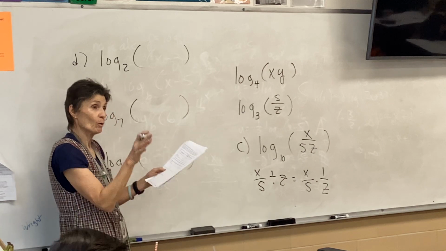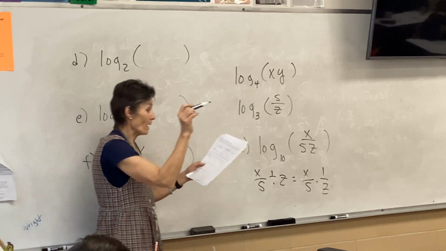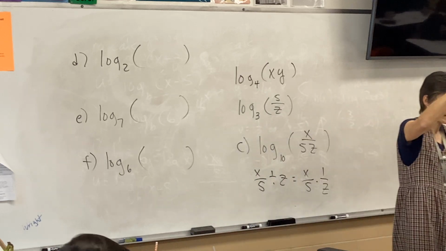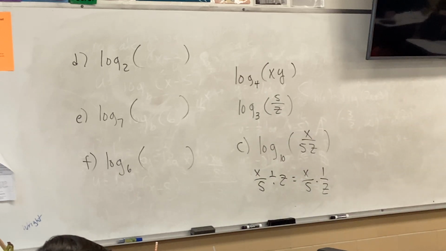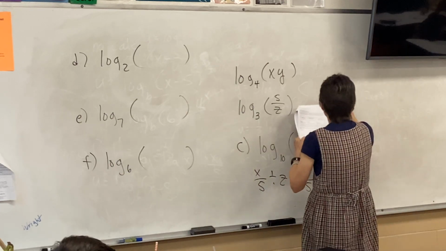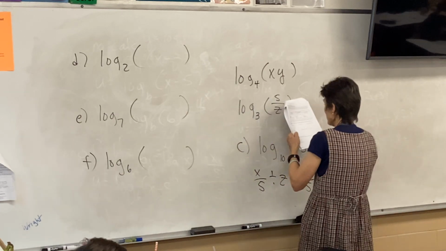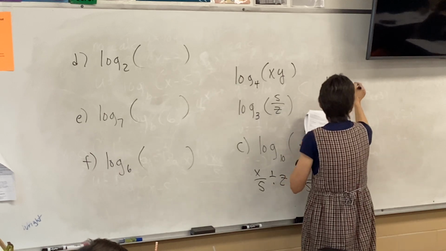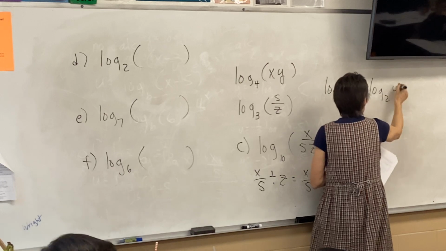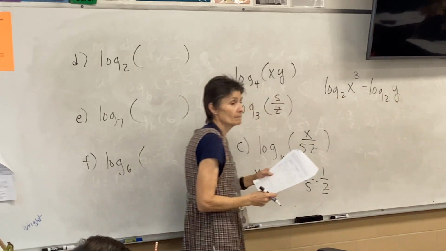So let's review our properties again. When you see that number out in front, that coefficient, that 3, out in front of a logarithm, that 3 is actually an exponent. So I have x cubed. We don't have 3 anymore. We have log base 2 x cubed, and then minus the log of y.